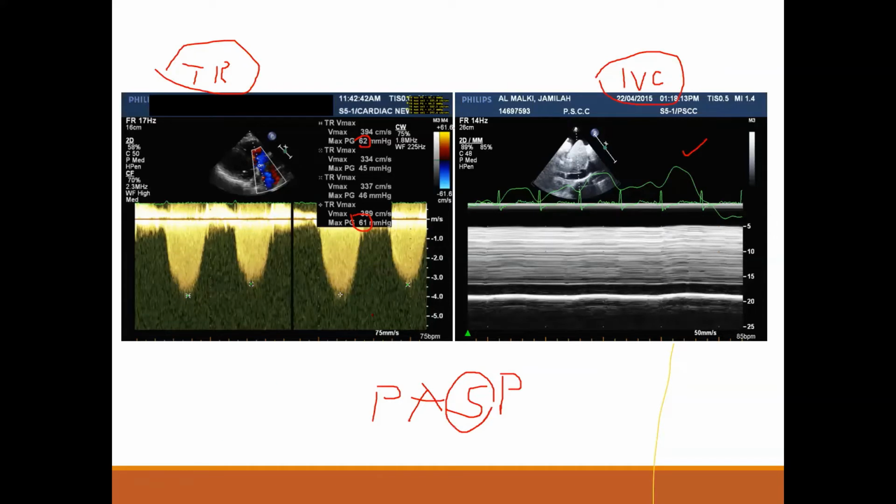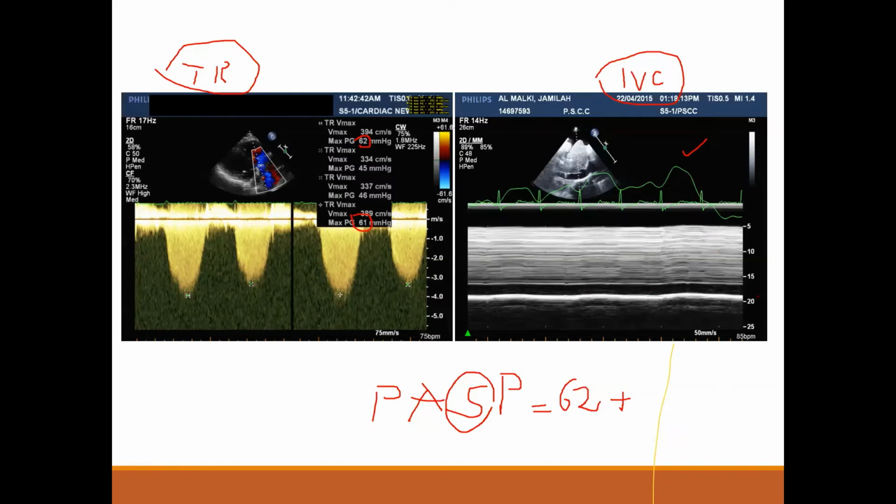Systolic pressure. Okay, so now tell me how much is the pulmonary artery systolic pressure here? 3.5 times... 4. So you have the pressure gradient already given to you here, 62. So 62 plus the IVC.